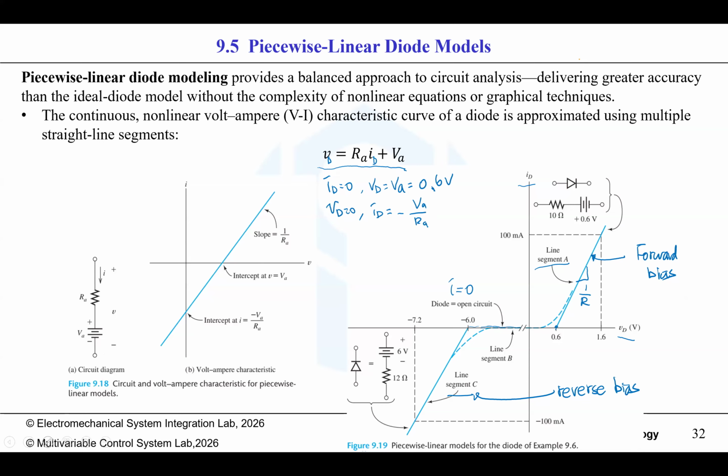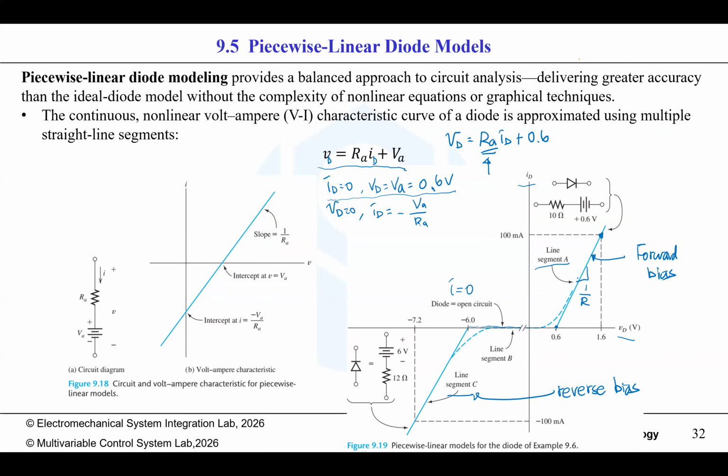But here we actually need to check this, because it gives you this point, right? So here we know VD equals 0.6 volt. So we have VD equals RA times ID plus 0.6.